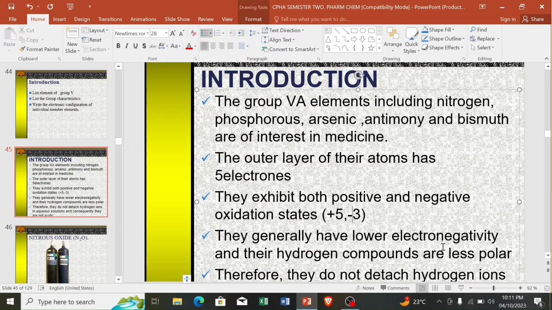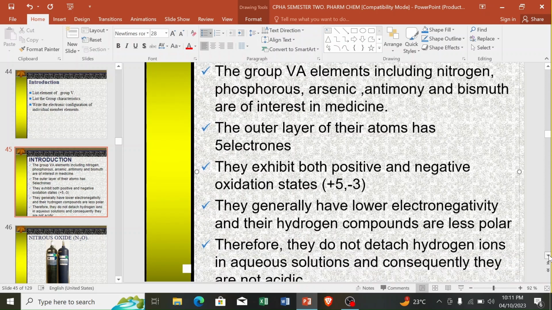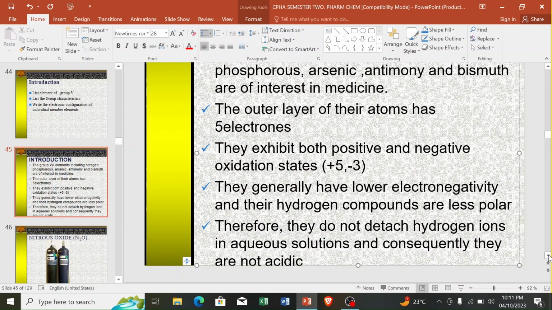So we see that these group 5 elements have a lower electronegativity and their hydrogen compounds are less polar. Therefore, they do not detach hydrogen ions in aqueous solutions, and consequently they are not acidic.